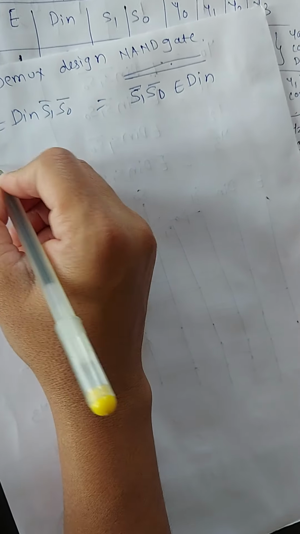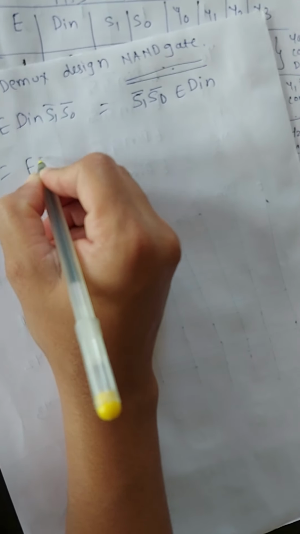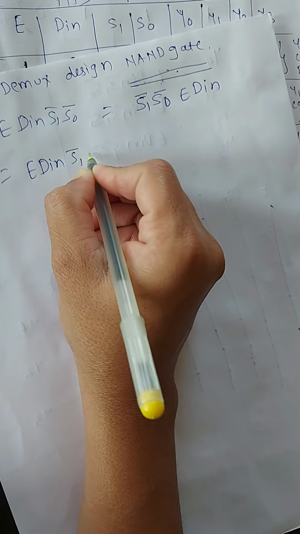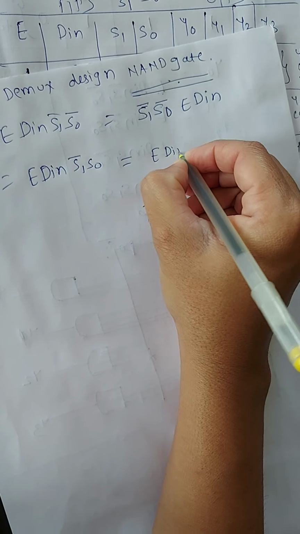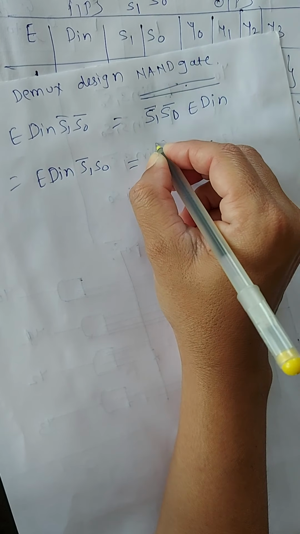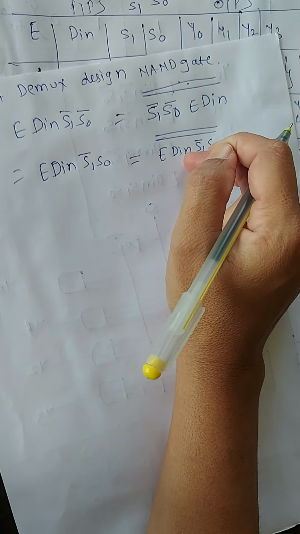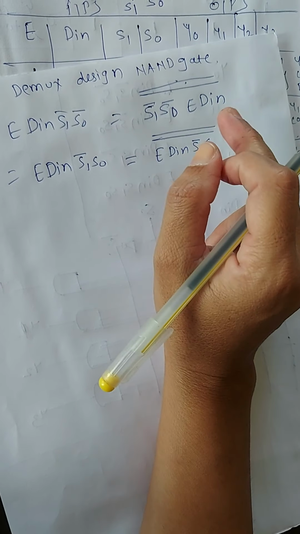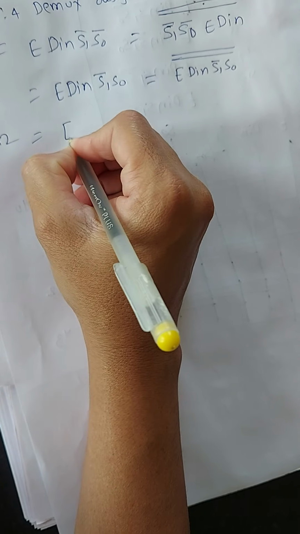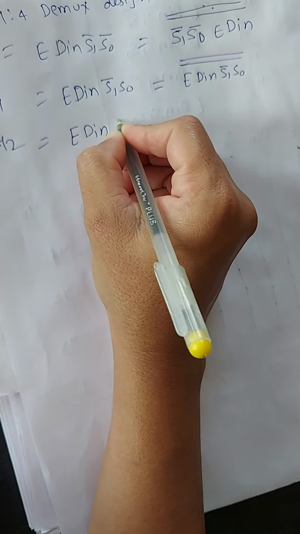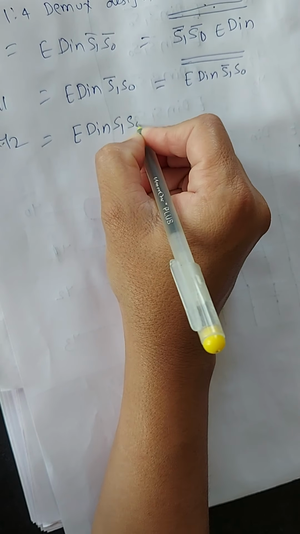Next, the Y1 equation: E, D in, S1 bar, S0. We convert this equation into NAND form. We do not use De Morgan's here. We want the equation in the form of a NAND gate, so take the double inversion of the equation. Next Y2: E, D in, S1, S0 bar.